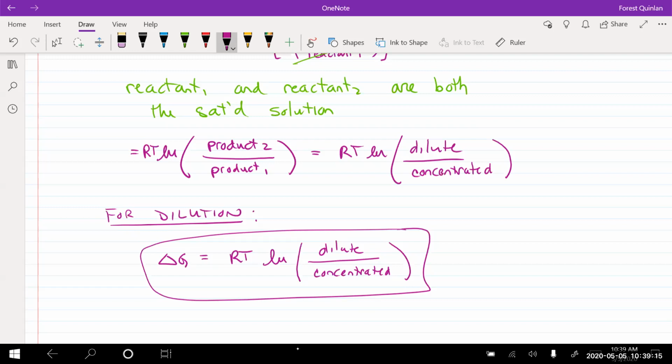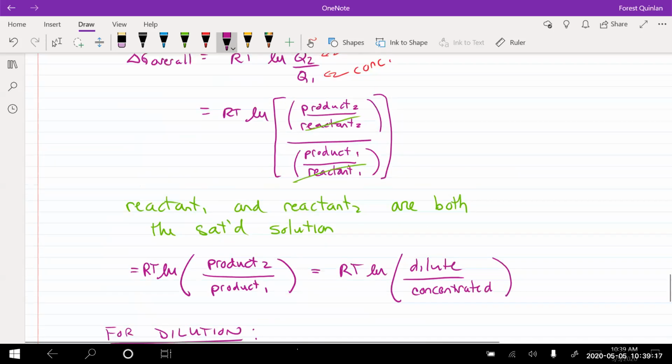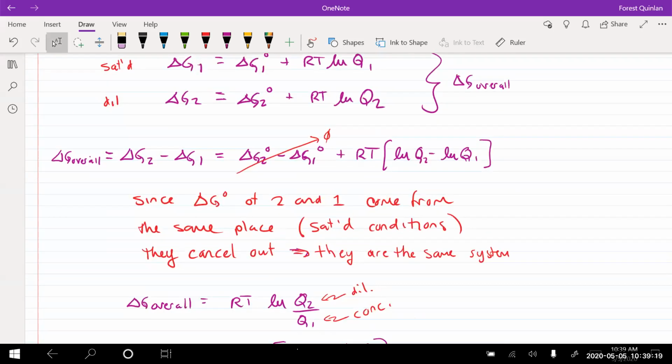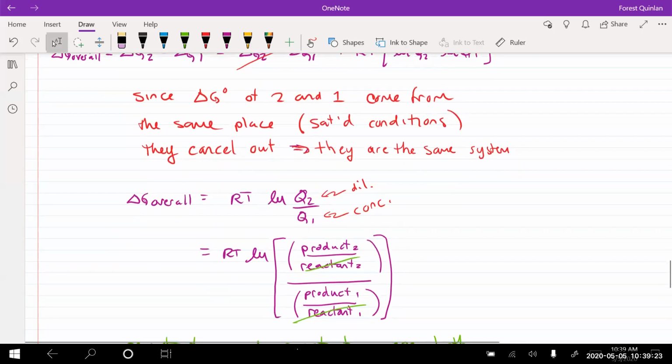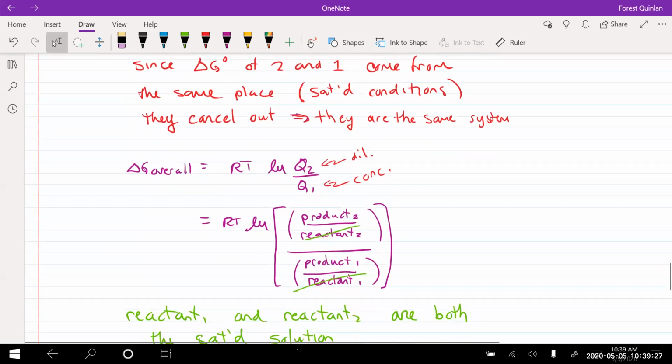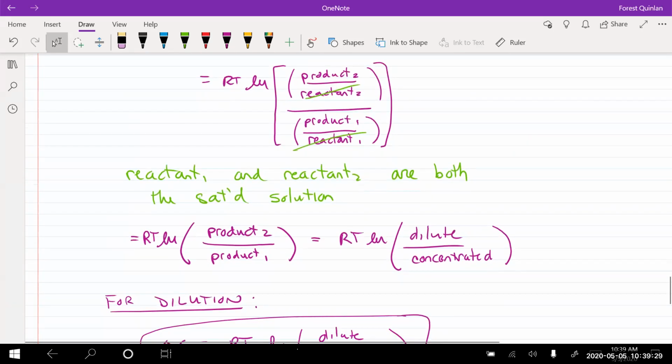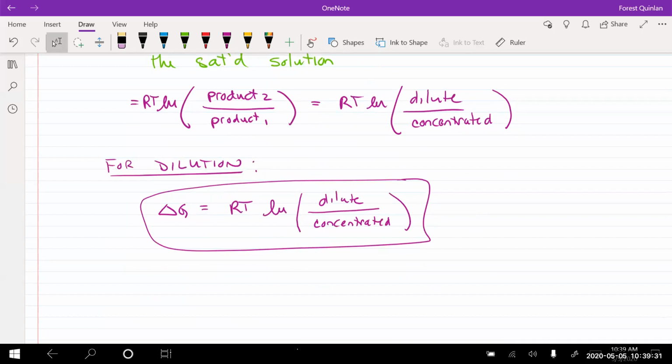So all of that makes the delta G naughts go away. And because they all start from the same reactant, and that is 6.1 molar saturated conditions, the reactants for each of them go away. And we're just comparing one set of products, their concentration, to the other set.